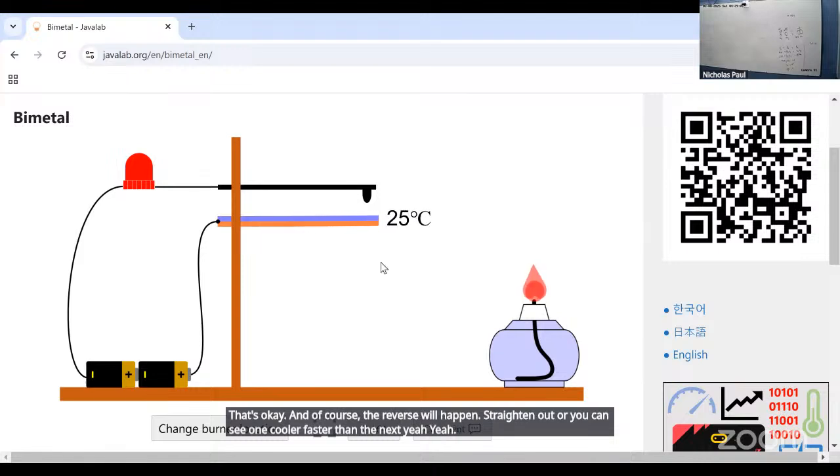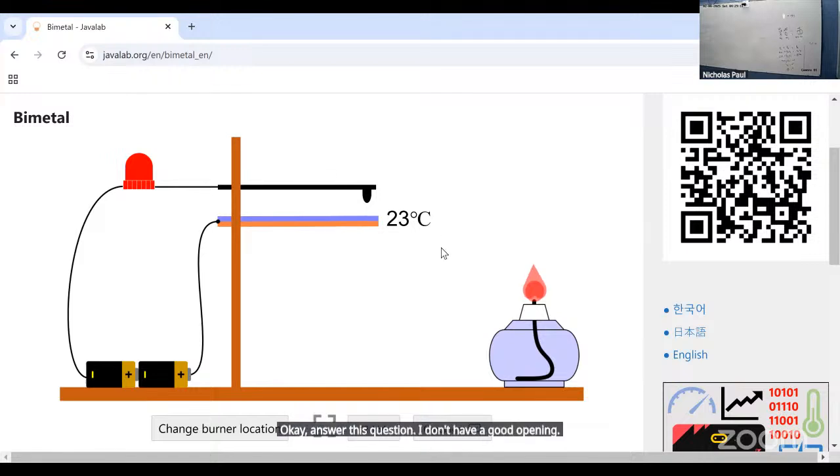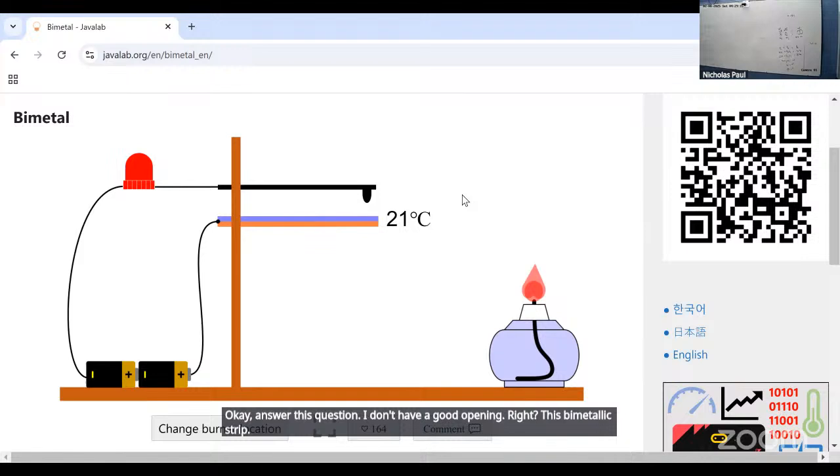Okay, answer this question and then you can go. This bimetallic strip can be used as a what?